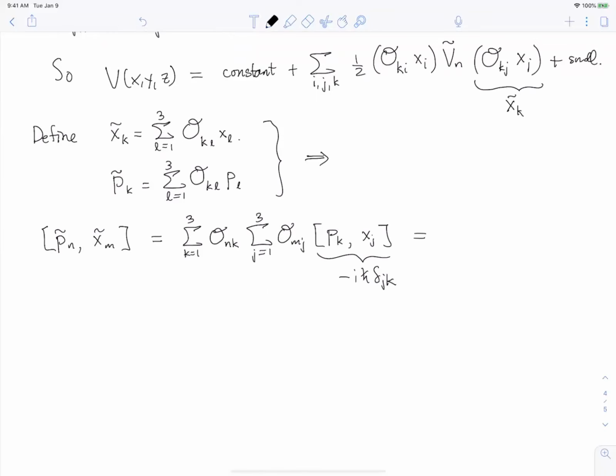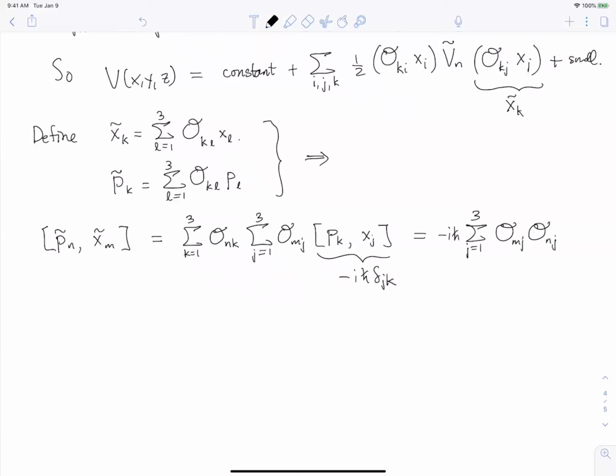And that means when I do my double sum, only one term in the, say, j sum will survive. This becomes minus i h bar sum j equals 1 to 3. Only one term in the k sum survives. And then I get orthogonal mj, orthogonal nj. Right?